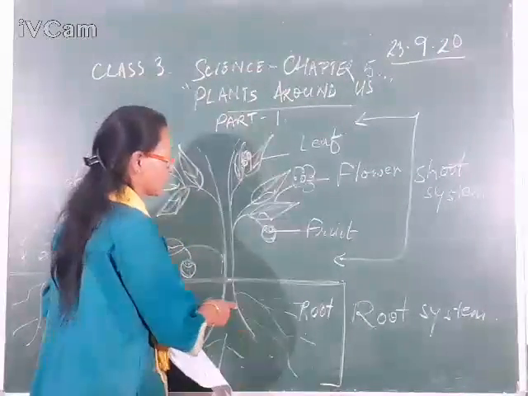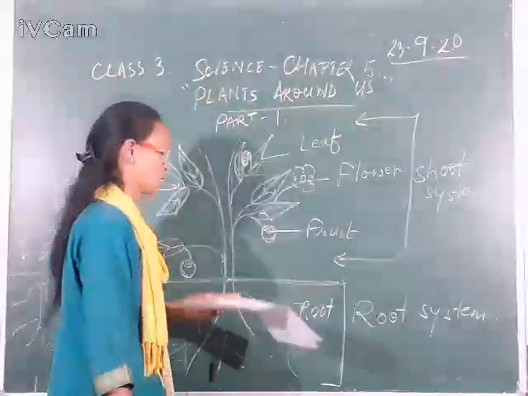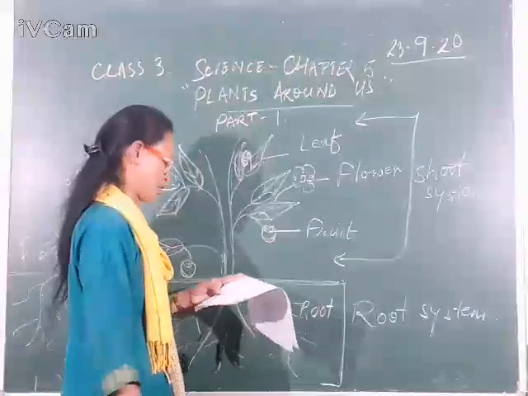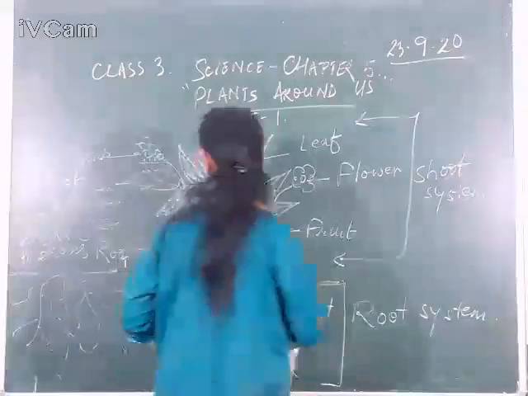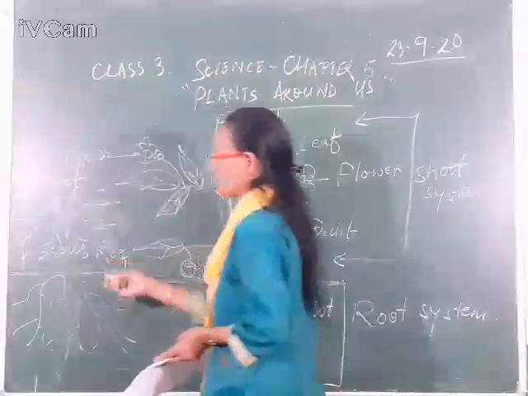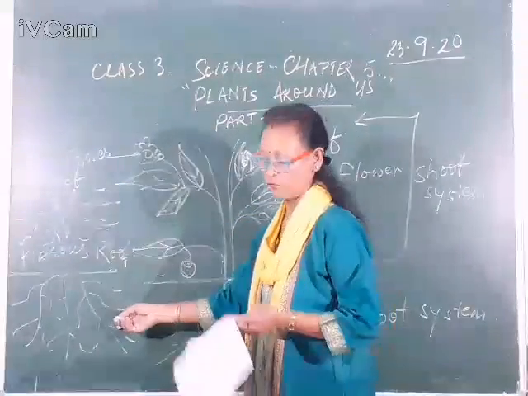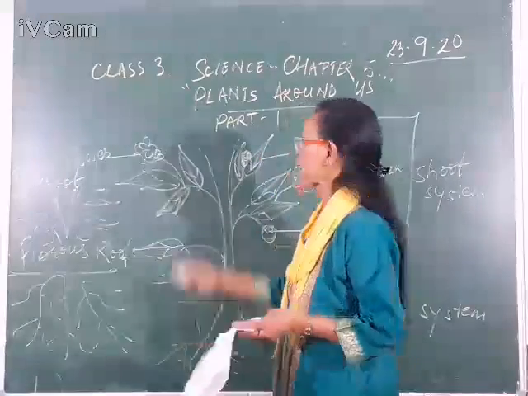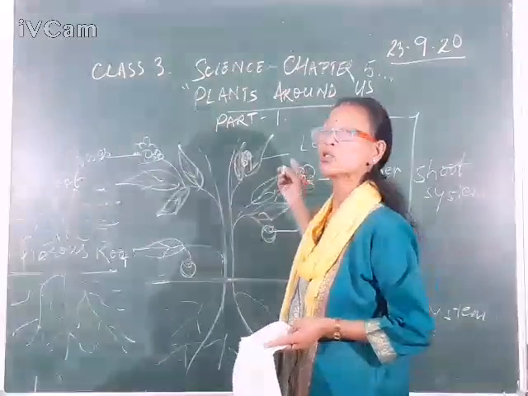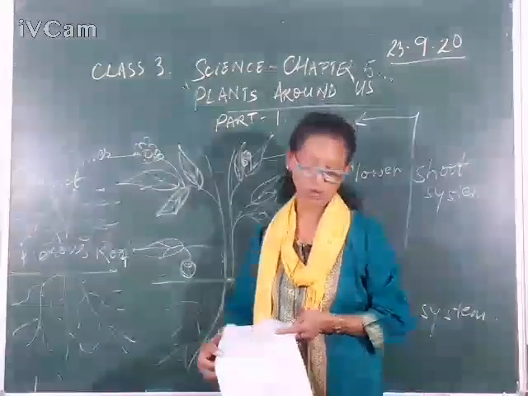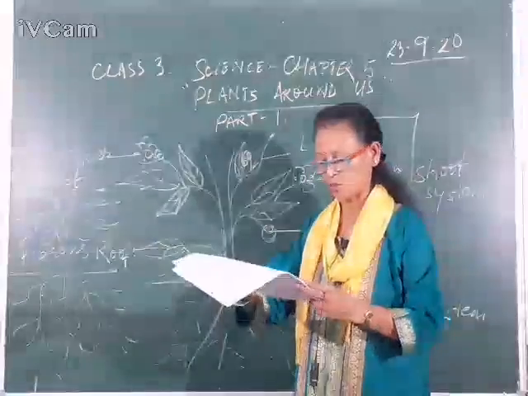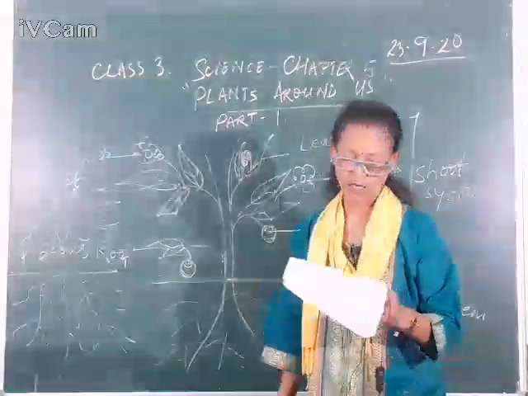Understood? It is hidden, which you cannot see until you pluck it. And we have learnt about the taproot as well as the fibrous root. And the new word we have learnt is soil erosion.